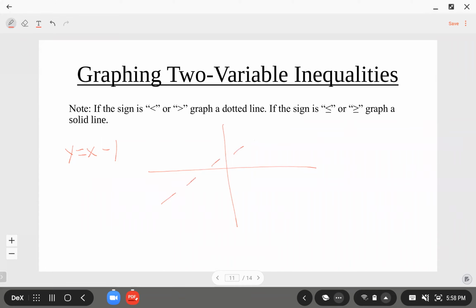A dotted or dashed line, a dashed line fits better. If the sign is less than or equal to or greater than or equal to, graph a solid line like I just did with my first line. That was a solid line.